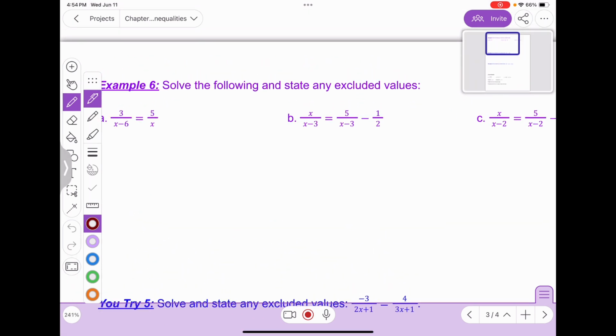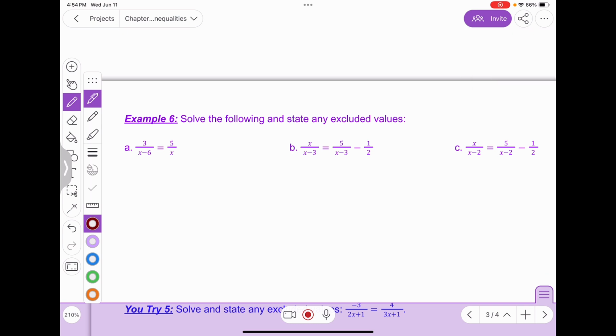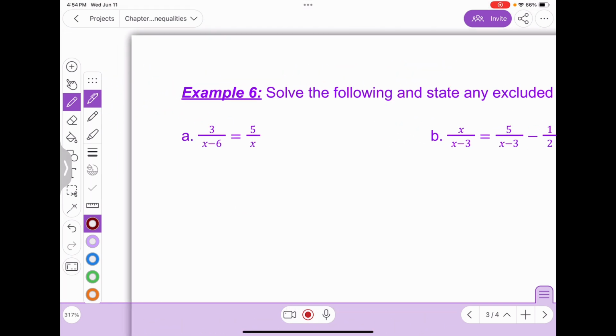So now you've got a couple different looking rational functions. So sometimes, like for A, you just have one fraction on each side. When you have only one fraction on each side, the easiest way to do it is to cross multiply.